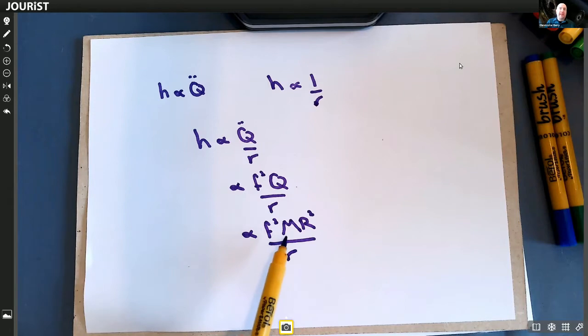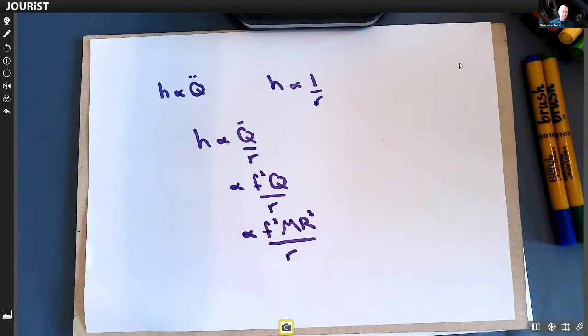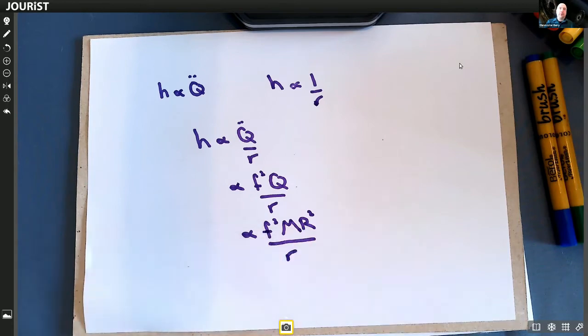So we see that to have a good gravitational wave, we want something massive. This implies why we need the astrophysical sources. We want things many times the mass of our sun, ideally, and we want them varying as quickly as possible, so we want as high a frequency as possible. This can be problematic because we also have this size here, and typically frequency and radius go inversely with each other.